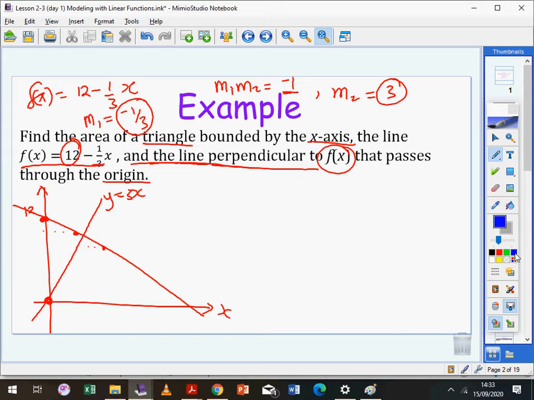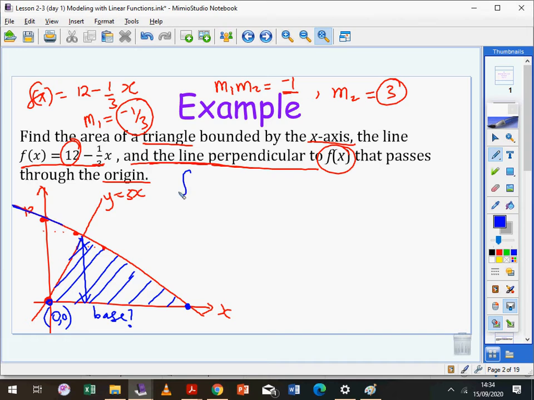All I need to do is find the area of this triangle. In order for me to find that area, I need to know this base, and I also need to know this height. To get the base, since I know the base is the distance from this point to this point, and I know this point is the origin, its coordinate is (0, 0). I'm going to need to find the point where this line, f of x, cuts the x-axis.